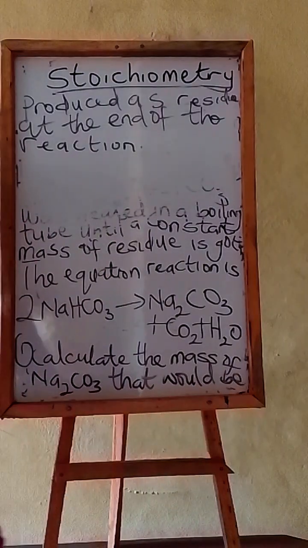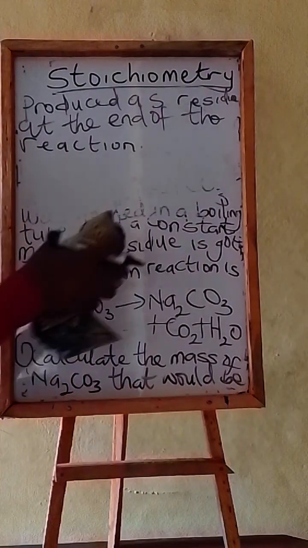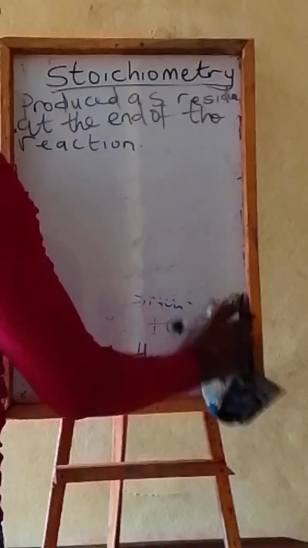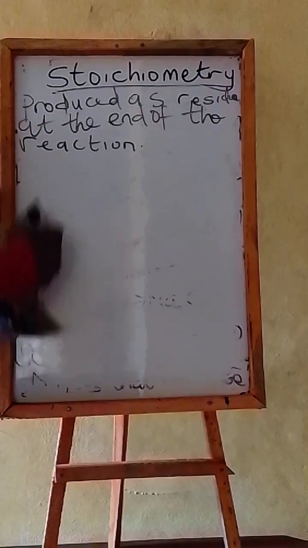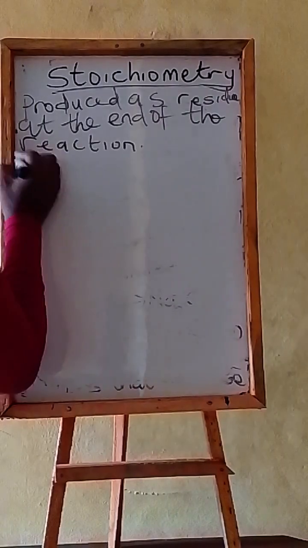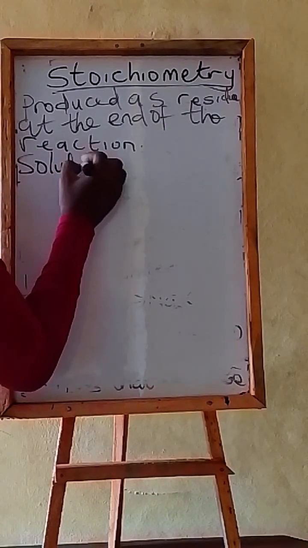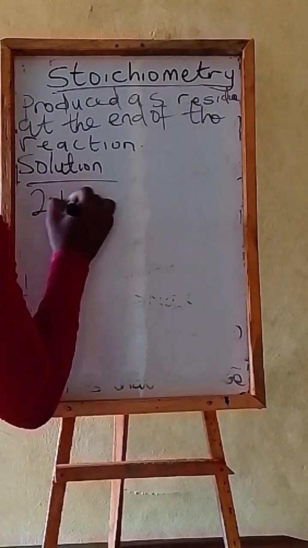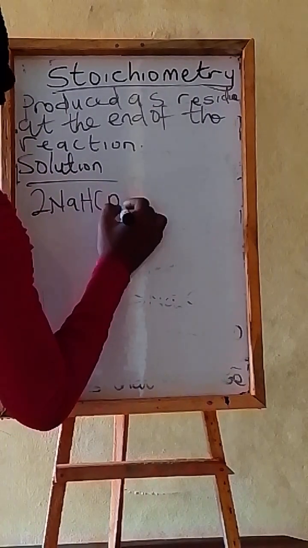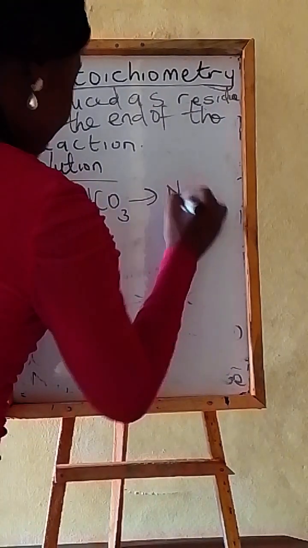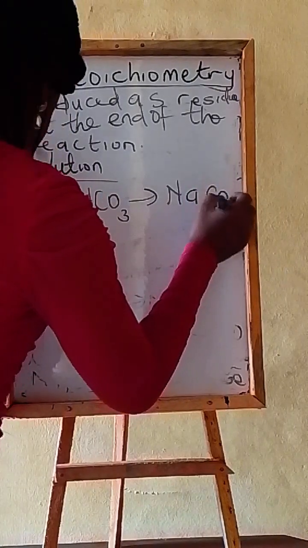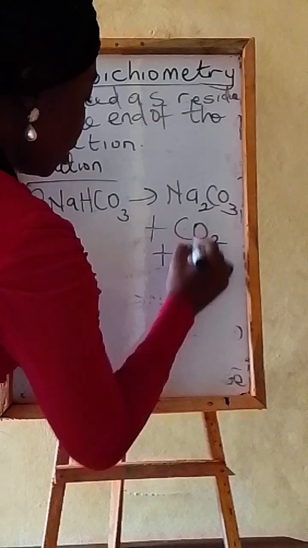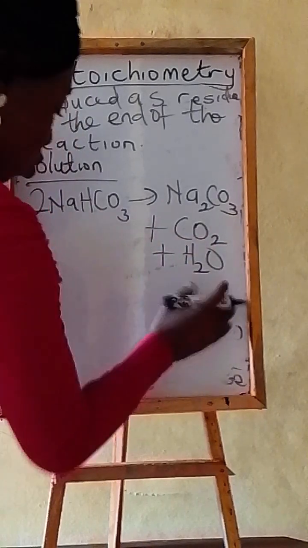Now, when we have a question like this, in the solution you write the equation first. The equation is 2NaHCO3 to give Na2CO3 plus CO2 plus H2O.